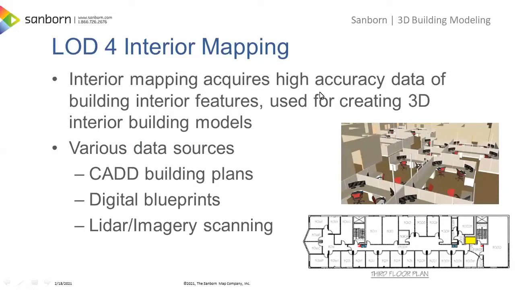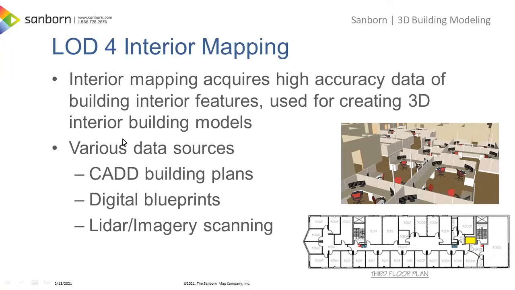Your fourth level of detail goes into the interior of the building, and this is becoming more and more popular. Now that we've got a handle on our exterior environment, we need to also get a handle on our interior environment. There are various sources for this. You could have old CAD building plans, as-built blueprints, things like that.